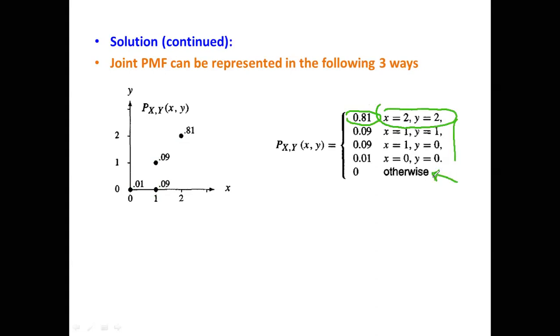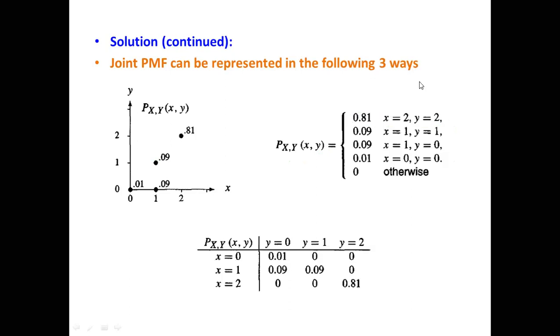We know how to write the PMF, that is the probability of X comma Y. Is it clear? Yes, sir. Another way, actually, we can also represent this joint PMF. Okay, so this joint PMF, just a minute.